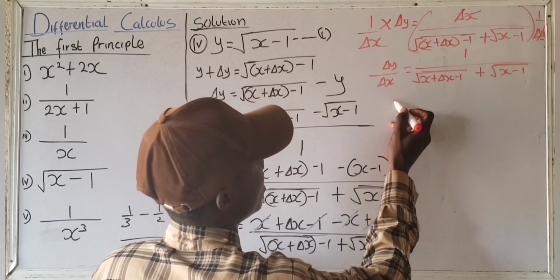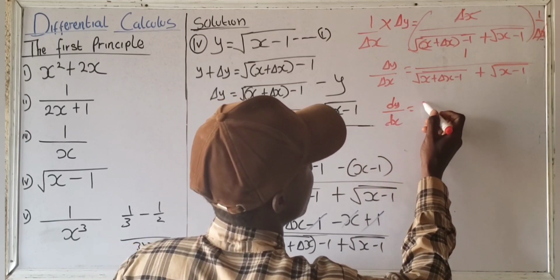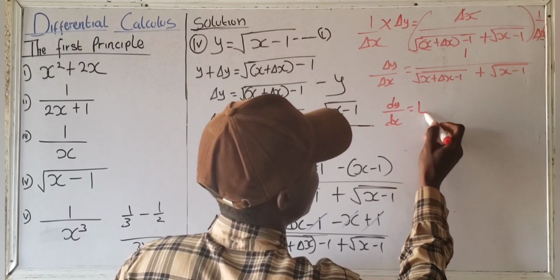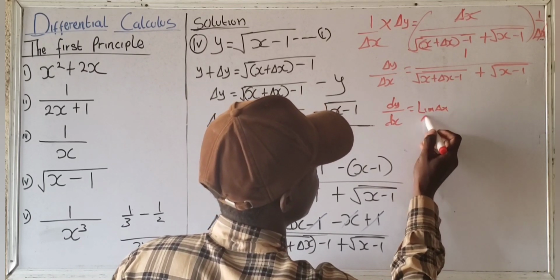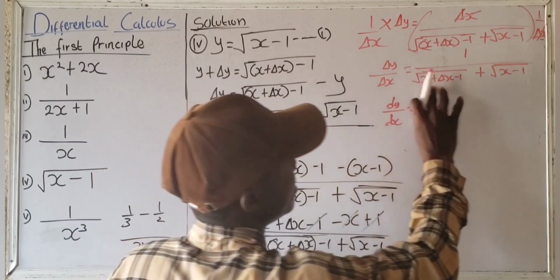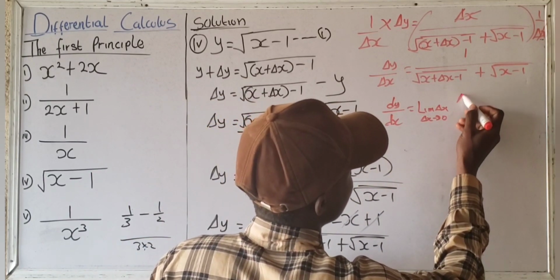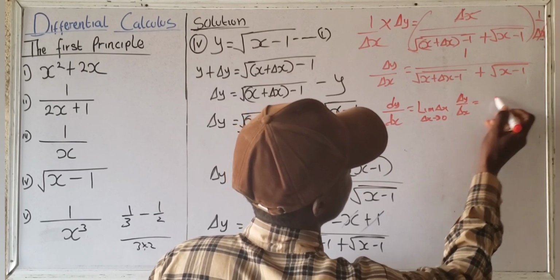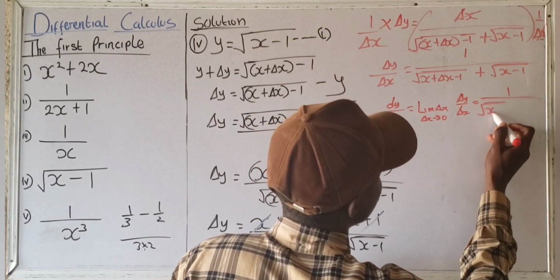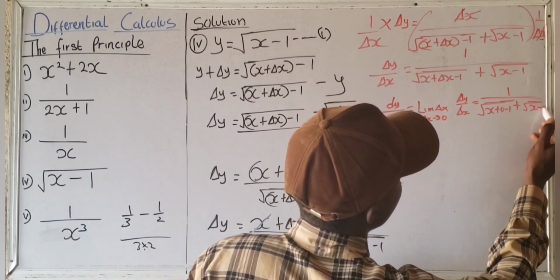So let's proceed. I'm going to have dy over dx equals the limit as delta x tends to 0. That means that anywhere I see delta x in this equation, I'm going to replace it with 0. So dy over dx equals 1 all over the square root of x plus 0 minus 1 plus the square root of x minus 1.